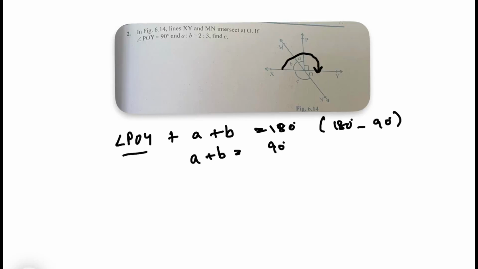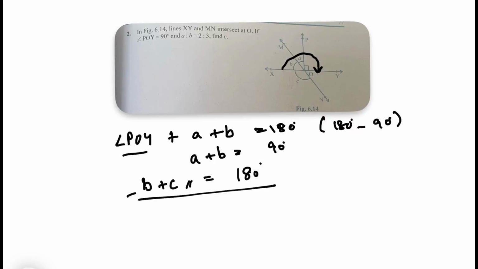Right? We'll just subtract: 180 minus POY, which is 90 degrees. Now we also know that MN is a line. Therefore, B plus C is equal to 180 degrees. Right? Now, see, why did we select this equation? Because we have to find C. So we need an equation where C is a variable and the other part, in this case, let's say B, could be known, right?